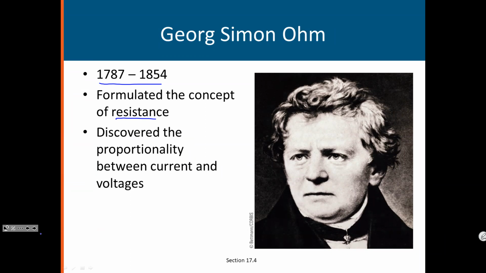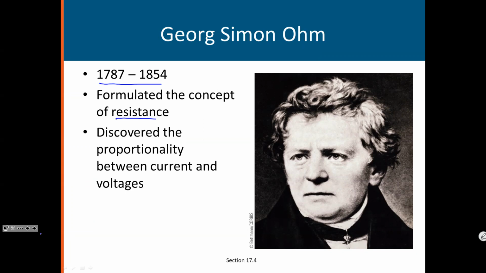He discovered that when you take a bulb, let's say, and you apply a certain voltage or potential difference across it, a current flows. That current is proportional to the applied potential difference, or the voltage.